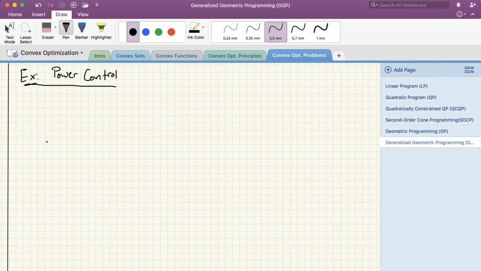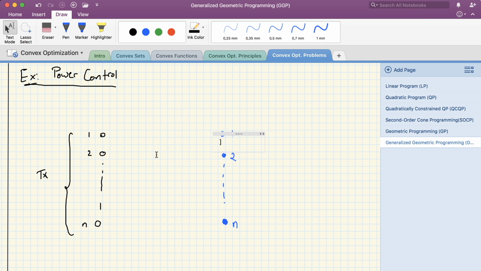So what is the power control problem? This is a telecommunication problem where I've got n transmitters. So TX is transmitter, and I've also got n receivers. So let me just, so this TX1, TX2, TXi, TXj, right? Likewise.